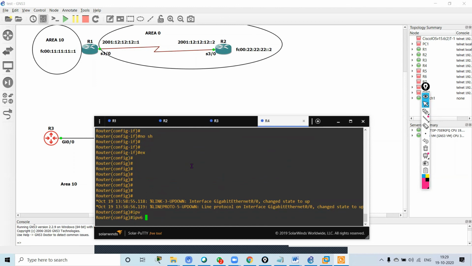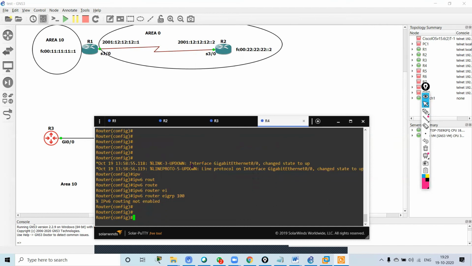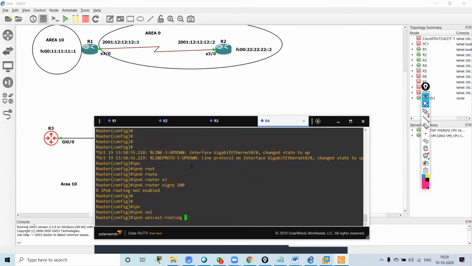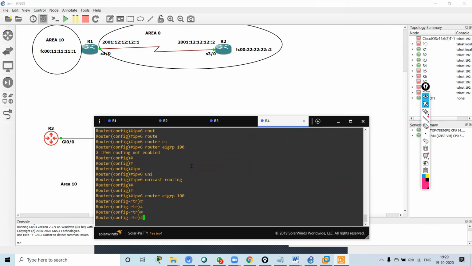IPv6 router EIGRP and the autonomous system 100. IPv6 unicast routing. Okay. Now here I have to give the no shut command.